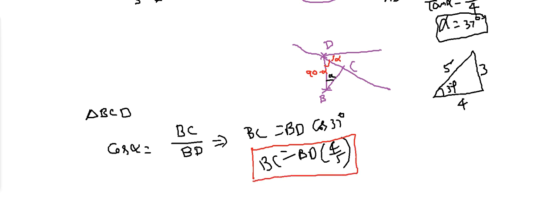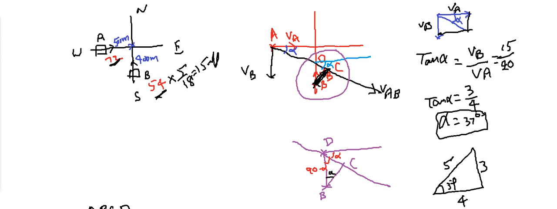Now, how to calculate BD? I want to calculate this distance from B to D. Already I know OB is given as 400 meters. Data suggests B is at a distance of 400 meters from that point.